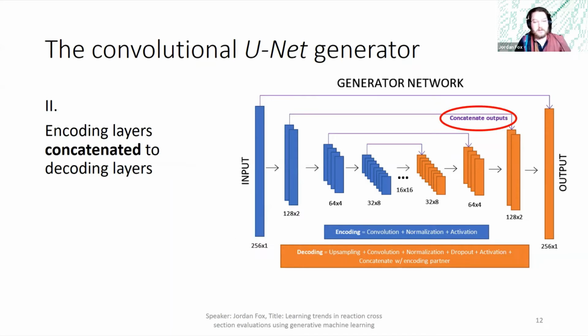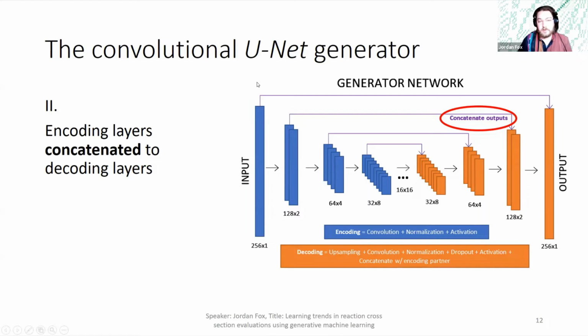The second important thing I want to note is that our encoding outputs are concatenated to the corresponding decoding inputs. What that means is you can follow these purple arrows that I've drawn on here. For each layer in the encoding sector, there's a corresponding layer of the same size and shape in the decoding sector.